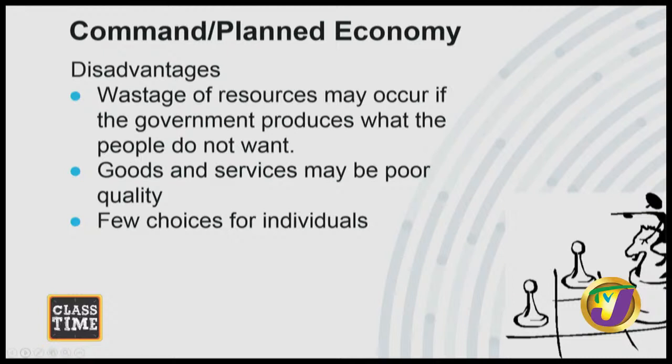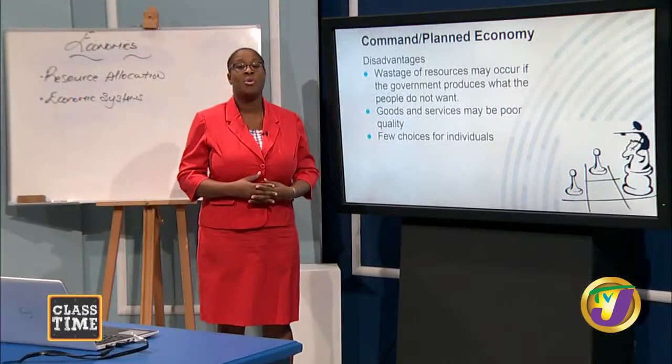So another disadvantage is that goods and services may be of poor quality because sometimes mass production may lead to that, and the fact that they have to make the prices low and they are not motivated particularly by profit, then not always the best material and technology is used in the production process.